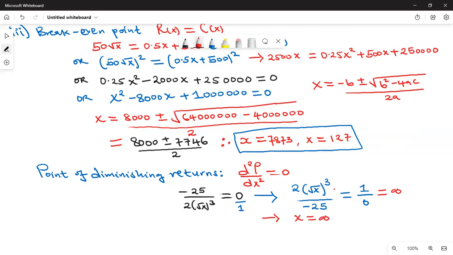So what does it mean? That there is no point of diminishing returns, because we are finding x to be infinity, which is not a real number. So no point of diminishing returns.